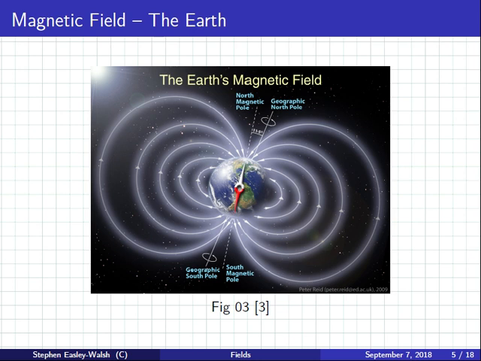So on the top it must be south because the north part of your magnet would point up. You've seen a compass before, haven't you? So they have a north and a south. If the north is pointing up to the top, then there's a south magnet up at the top. So although we call it the north, there's actually a south magnet up the top.